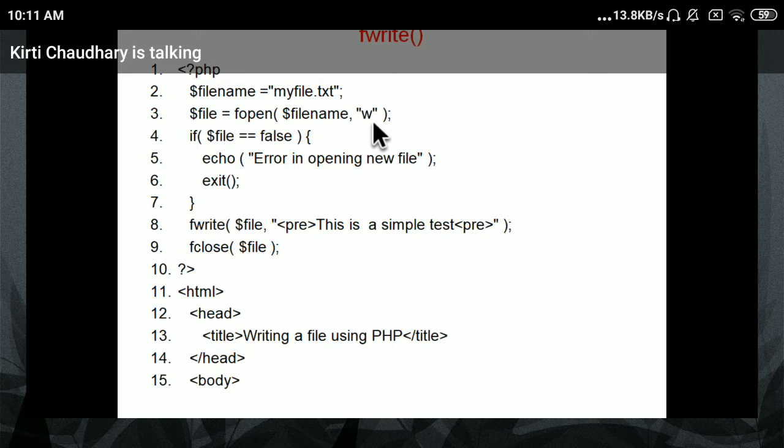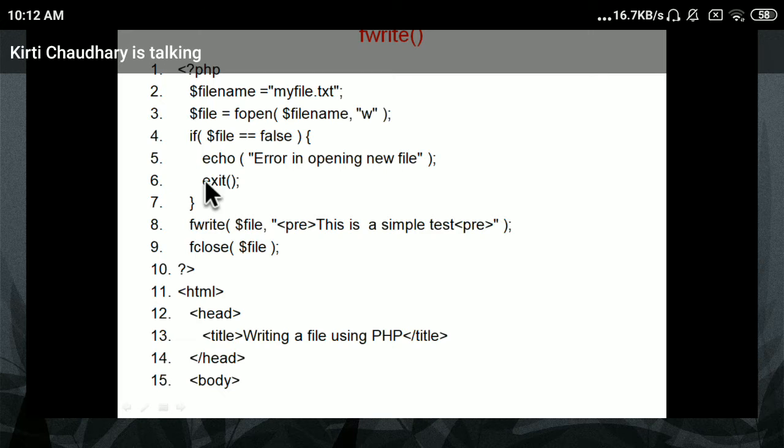So content will be written to that particular file. First, it will check whether the file is open or not. If the file is open, yes, we will proceed. If not, it will tell me that the file is not able to open.